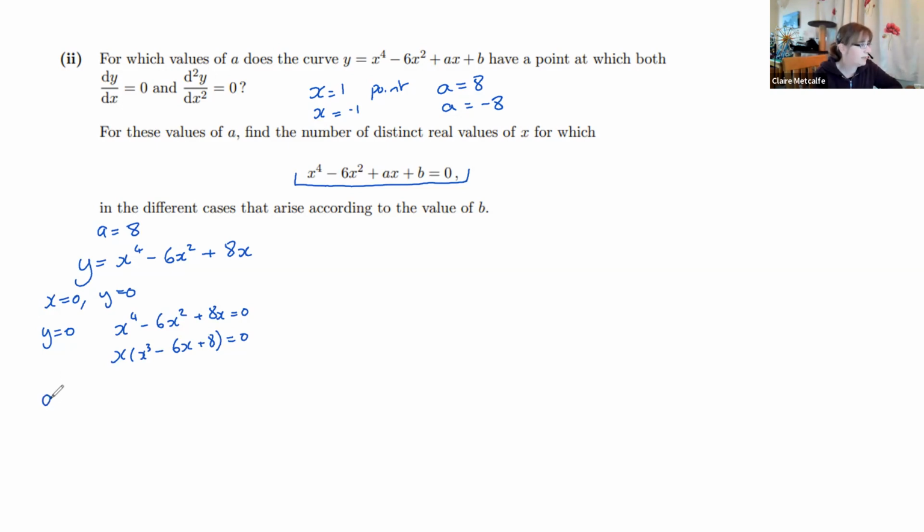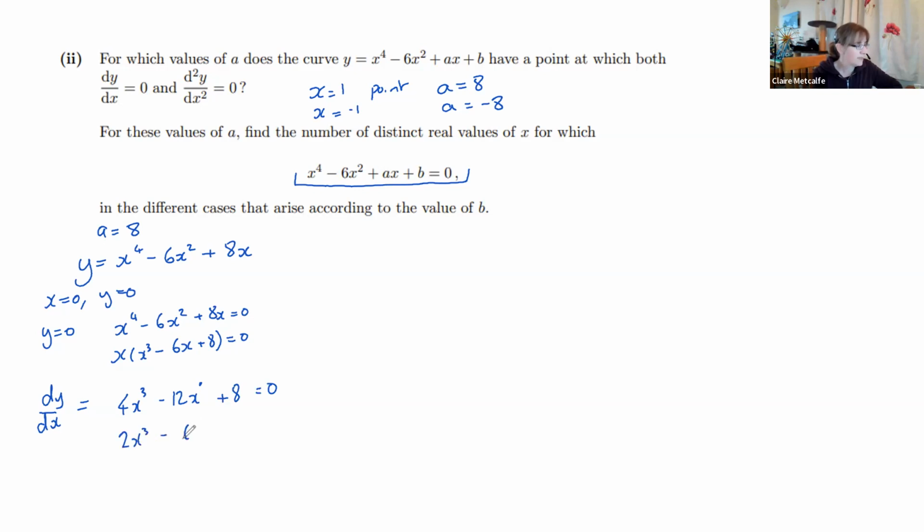If I differentiate, so if I want to look at where I've got stationary points, then I'm going to get dy by dx is equal to 4x cubed minus 12x plus 8 equals 0. I can divide by 4.